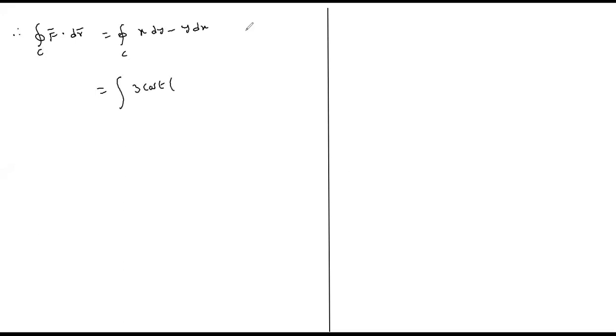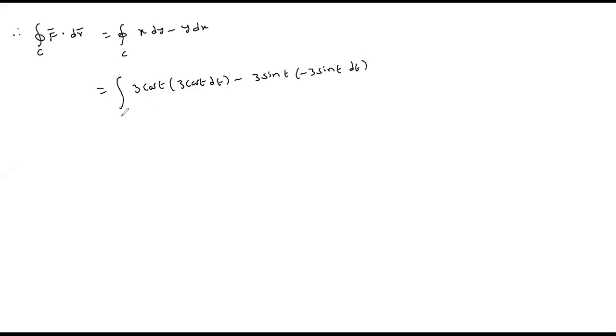What is dy? Because y equals 3 sin t, dy is 3 cos t dt. Plus, minus y, which is 3 sin t, and dx is minus 3 sin t dt, and t varies from 2 pi to 0.